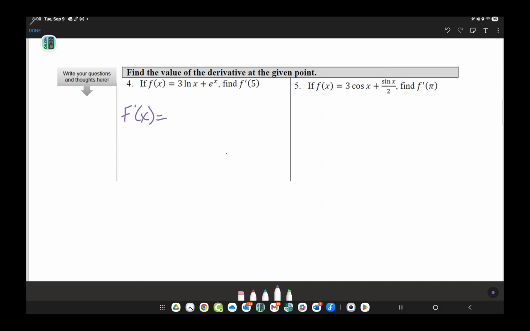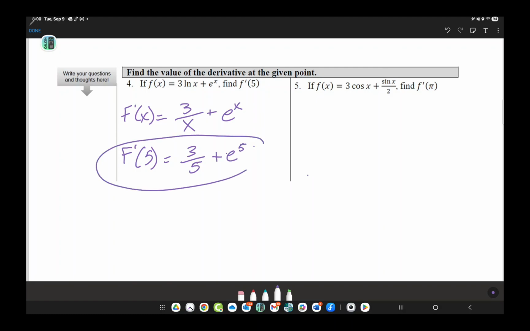Derivative of 3 natural log of x is 3 over x. Derivative of e to the x is just e to the x. Means f prime of 5 would be 3 over 5 plus e to the 5th. You do not have to take that further. That is fine. Do not give me a decimal value unless it says round to the nearest whatever. Just leave it as it is.